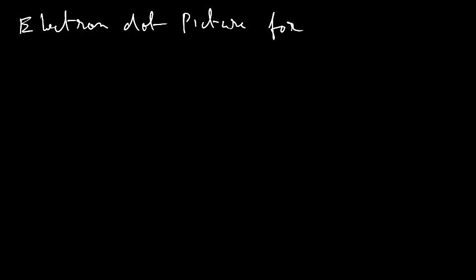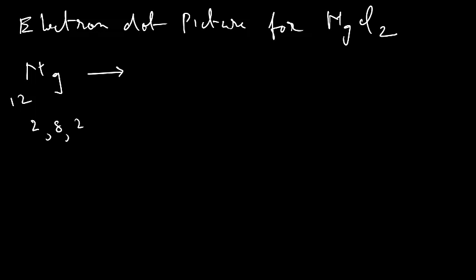Similarly, let us see the electron dot picture for magnesium chloride. Magnesium, atomic number 12, configuration 2,8,2. It has 2 electrons in the outermost shell. Therefore, Mg with 2 electrons. On the other hand, chlorine has 17 electrons, Cl with 1, 2, 3, 4, 5, 6, and 7. 7 electrons are there.